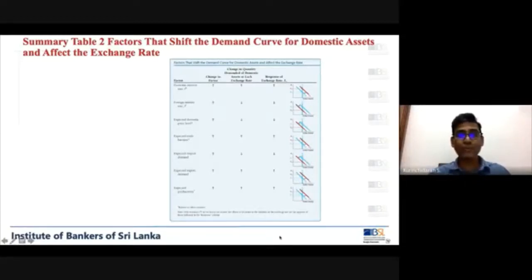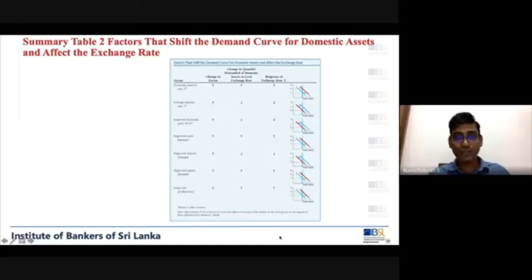So if you expect the demand for imports will increase, that is our expectation, what will happen? The investors, or the economic agents, will demand more foreign assets to settle the import bills.